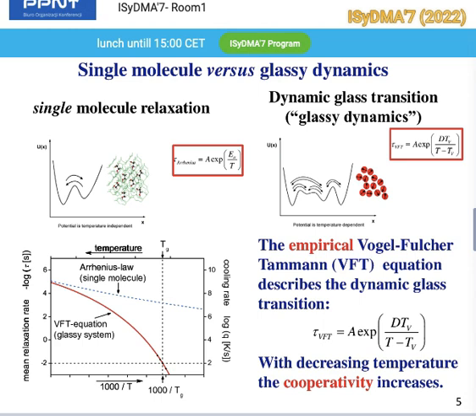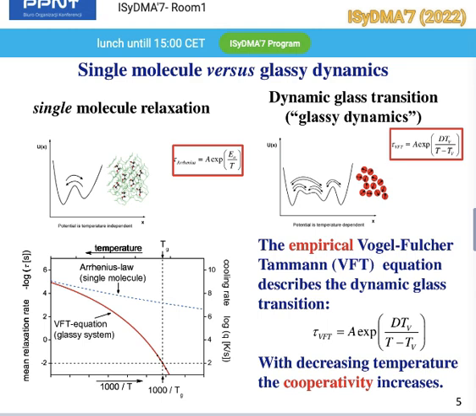If you consider this primitive sketch of a glass, just in 2D representation, with a molecule in the middle surrounded by other molecules, then you see a potential landscape which is very complicated, and which changes continuously.